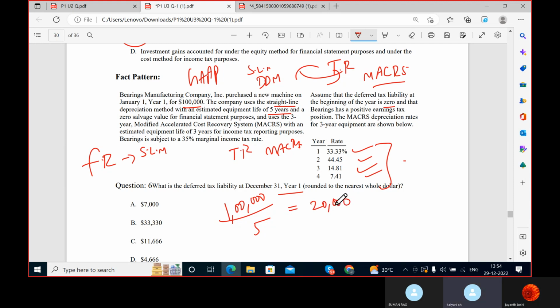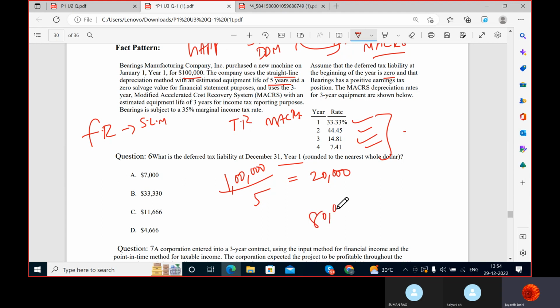20,000. For the financial purpose, 20,000. Then MACRS 3 years, that is 1 lakh. So we will see the asset value. First year machine value will be 80,000. And as per this, we take the asset value as 100,000 into 33.33%.